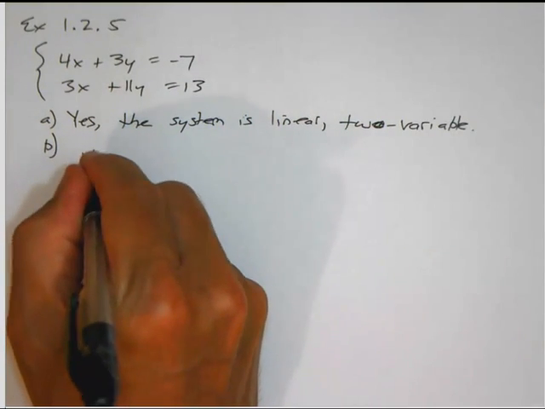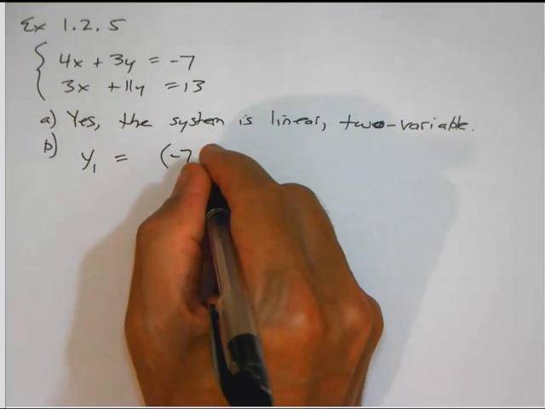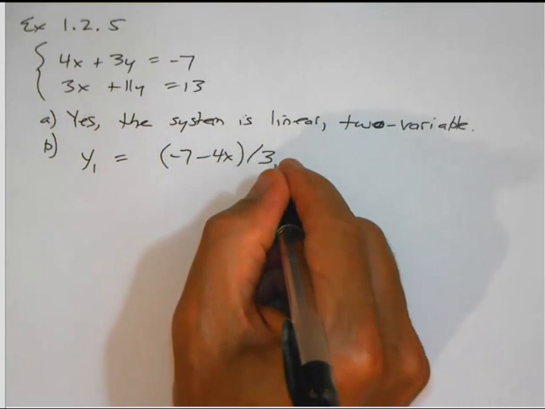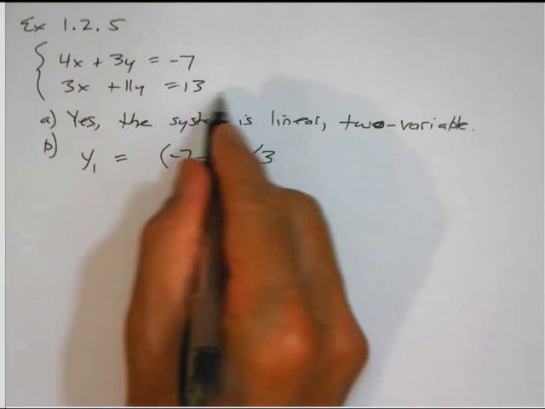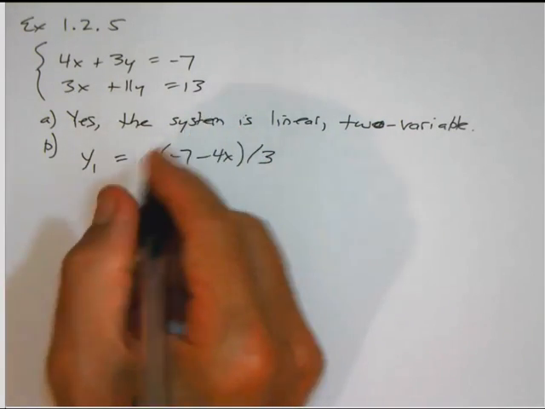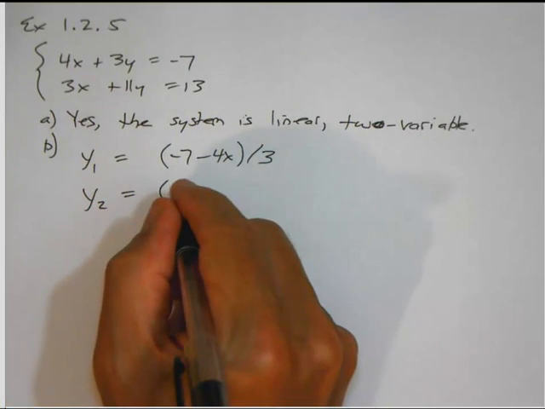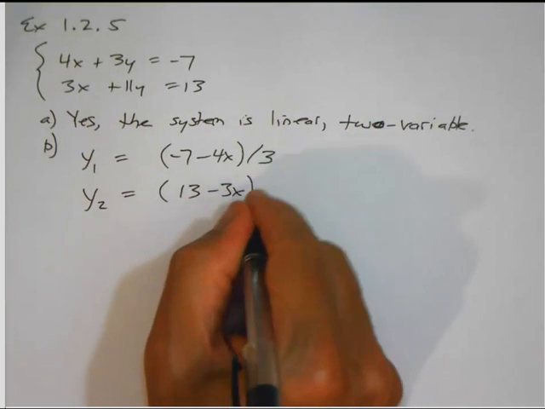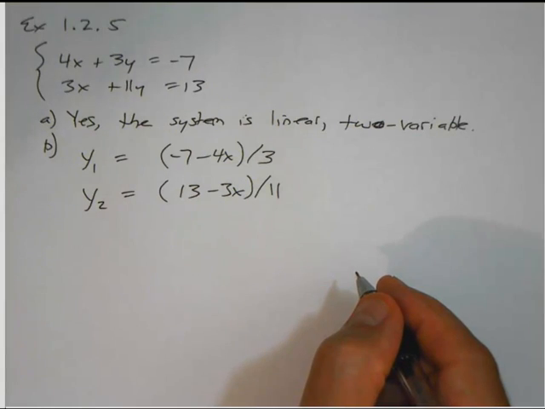We could have y1 equaling negative 7 minus 4x, divide by 3. In the second equation, we could subtract 3x from both sides, divide both sides by 11. We'd have y2 equal to 13 minus 3x, divide by 11. We're ready to go to the calculator.